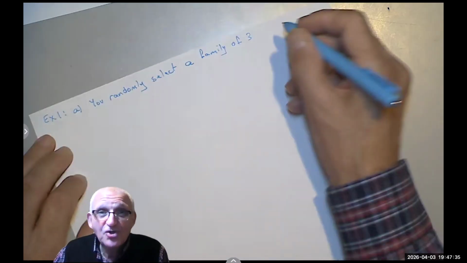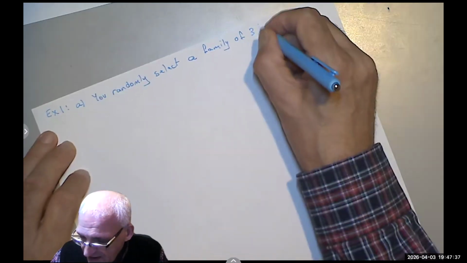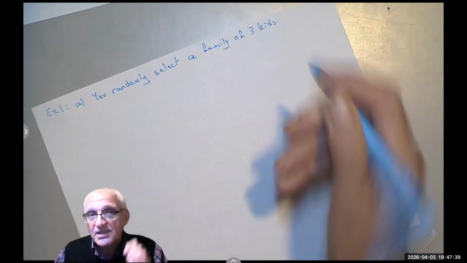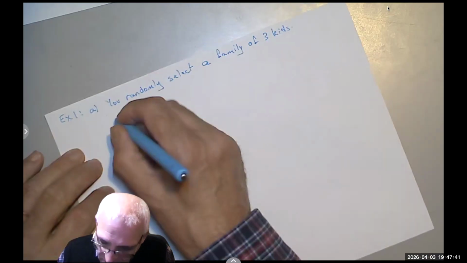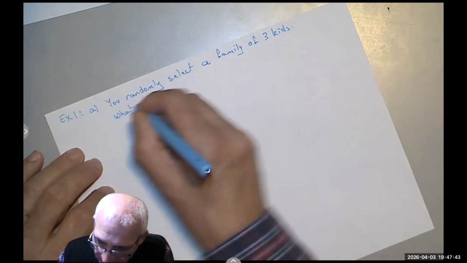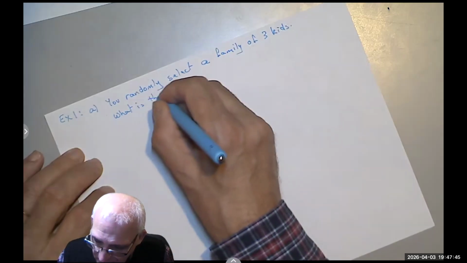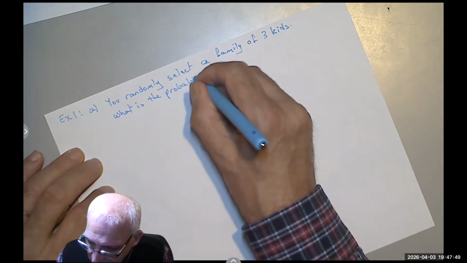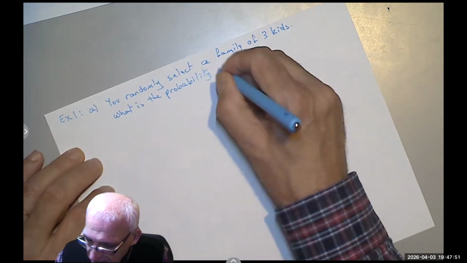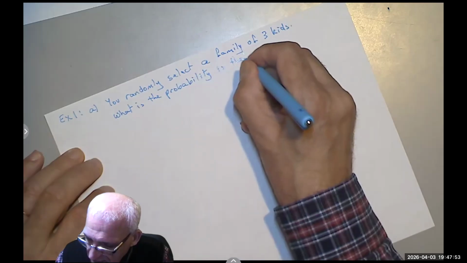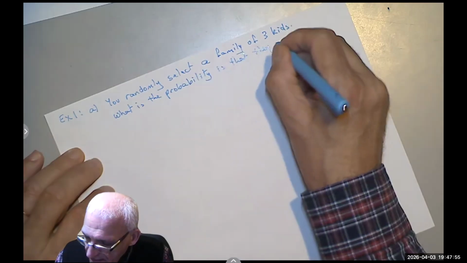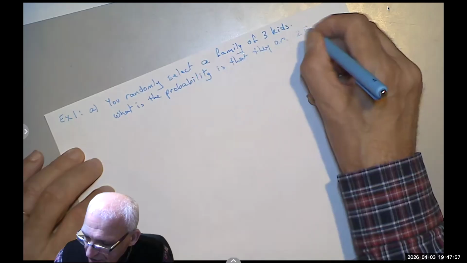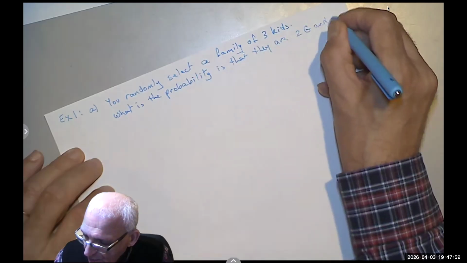So all you know about the family is that they have 3 kids. You don't know them, okay? And I say, what is the probability that these kids are 2 girls and 1 boy?